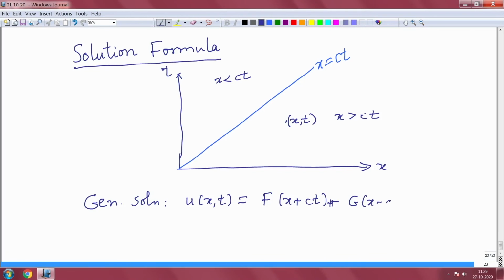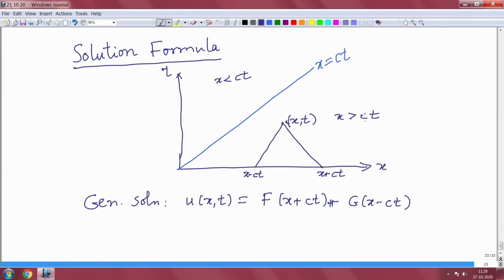So, f and g are two C2 functions. Again, if you look at the domain of dependence property, the value of the solution at this point is determined by the initial values in this interval, that is the domain of dependence.